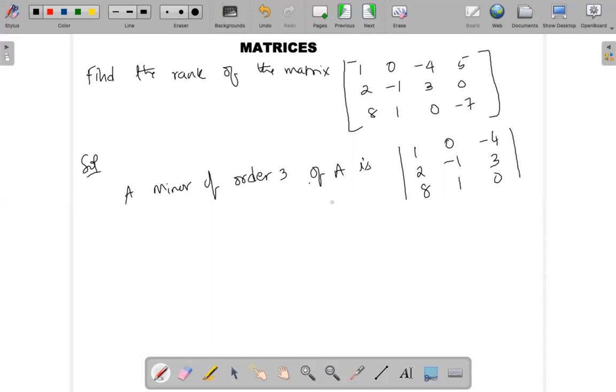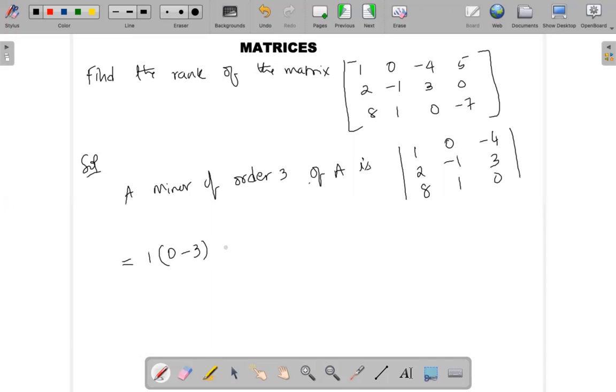Okay, so we get this. Now let us find the determinant of this. So 1, and this is 0 and minus 3.